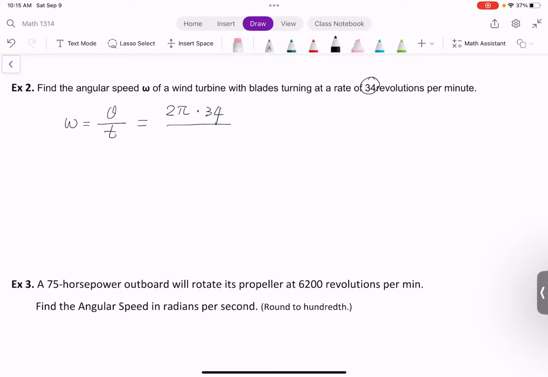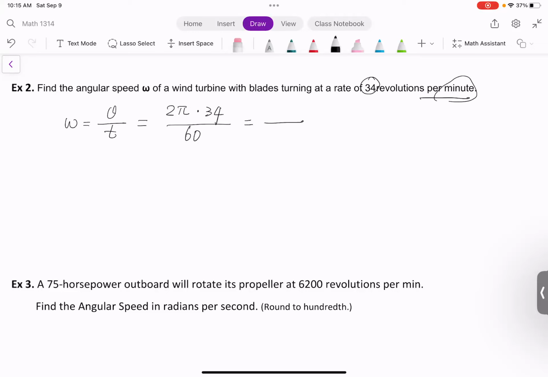How about t? The given information is per minute. In the previous example we said radians per second, so we had better change the t, the bottom, from per minute into per second. So 1 minute equals 60 seconds. That means this is how many angles per second.